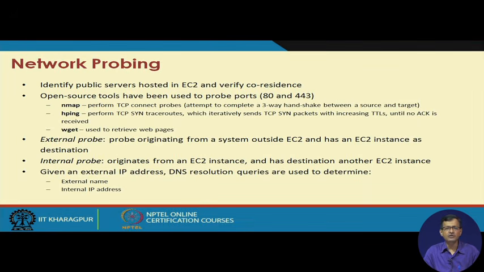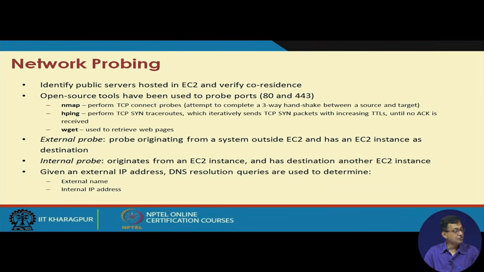In order to do that, those who have worked on network security or networking know that there are different types of network probing tools available, many of them open source and fairly able to map this. Similarly, here we require network probing to identify public servers hosted in EC2 and verify the co-residency.